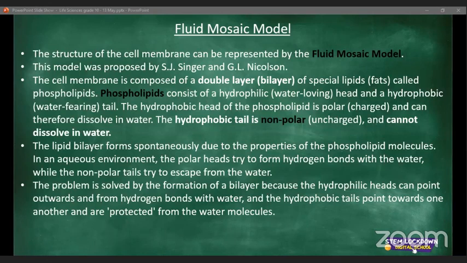So Sophie's asking, what about cancer cells? Can't you eliminate the amount of cancer cells? We cannot. That's why there is chemotherapy.